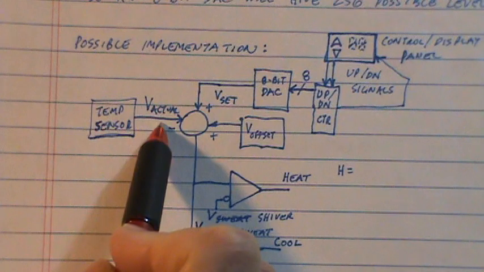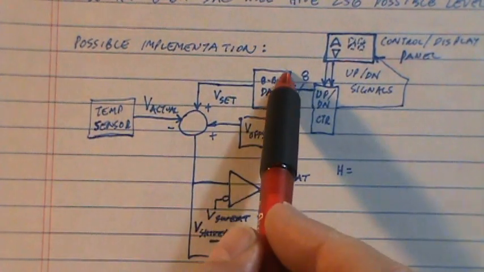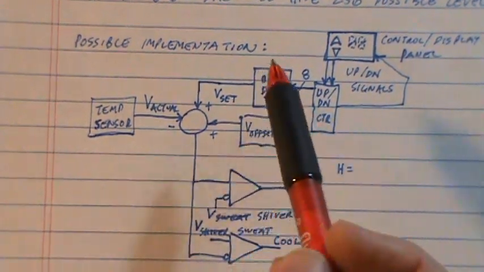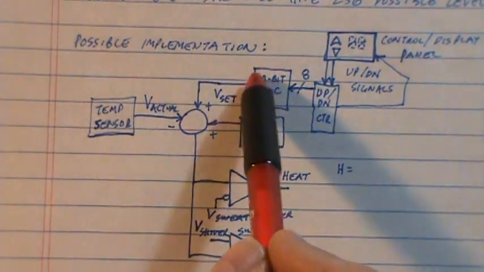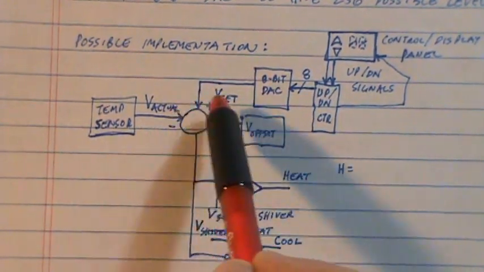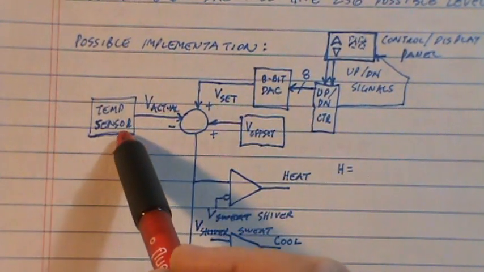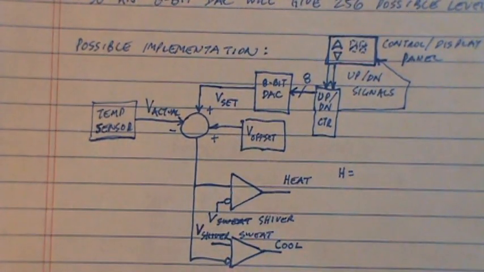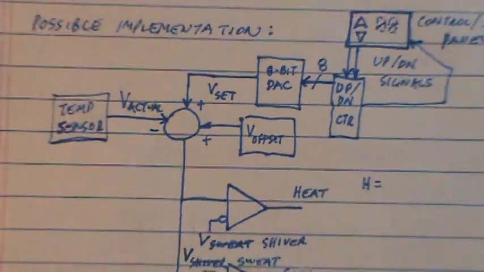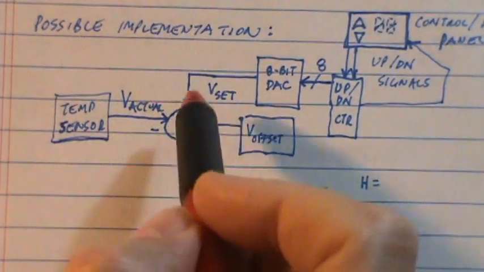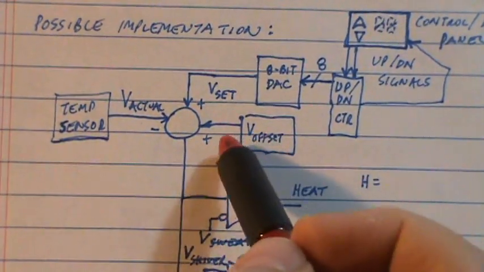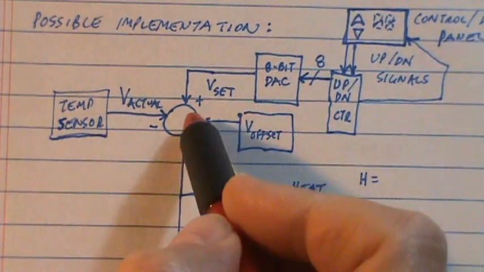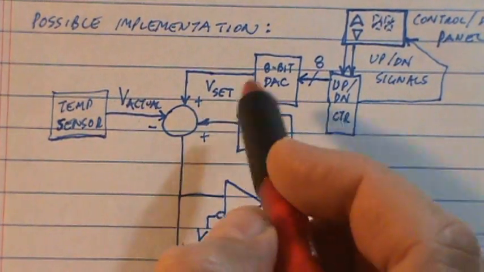So we've got a voltage of the actual temperature, and then I picked an 8-bit DAC for this case, that is going to give out our setting voltage, and the thermistor, or whatever this temperature sensor might be, is going to output an actual temperature. And then I'll need an op amp in a summing or difference amplifier configuration.